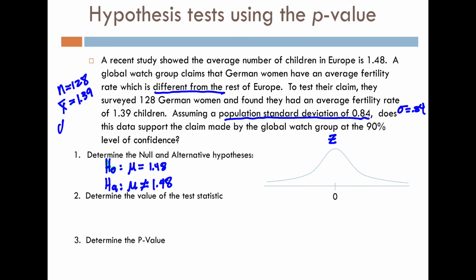The alpha level that we're using with a 90% confidence level means alpha is 10%. Looking at this from a Z standpoint, 1.48 would be our middle assumption, and what we got was something less than that: 1.39. So we want to figure out what Z value is associated with that amount.